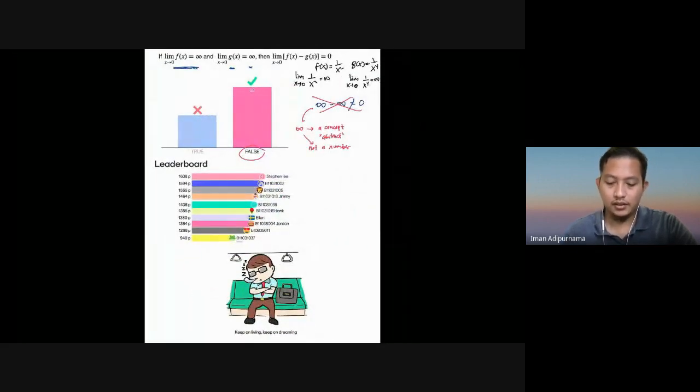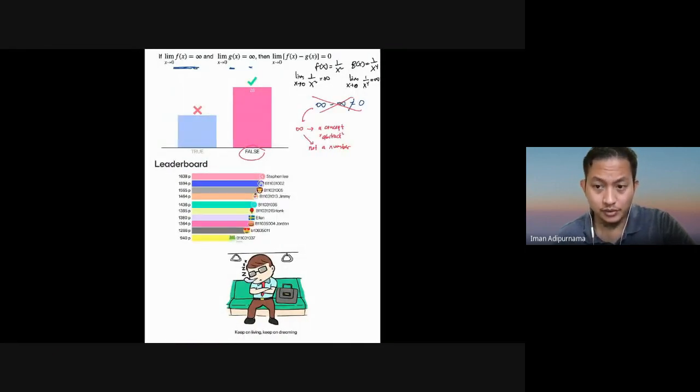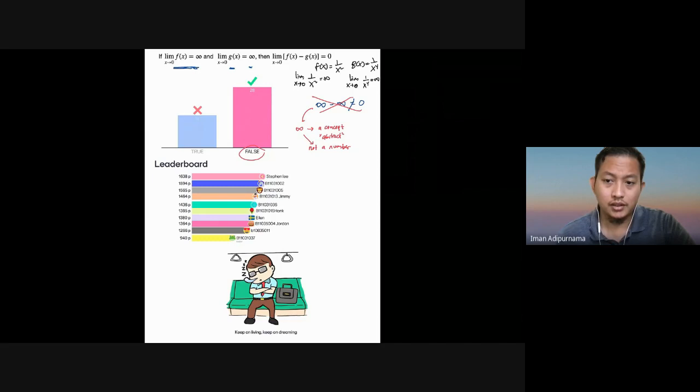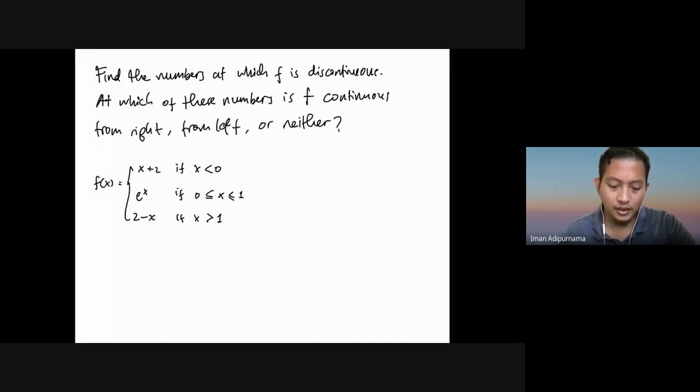Okay, let's start. I will do a little bit of review about the chapter, especially the continuity. So let me give you the questions here. I hope you can read it. Find the numbers at which f is discontinuous, and at which of these numbers is f continuous from right, from left, or neither. Actually, the important question is we need to find at which numbers the function is discontinuous.